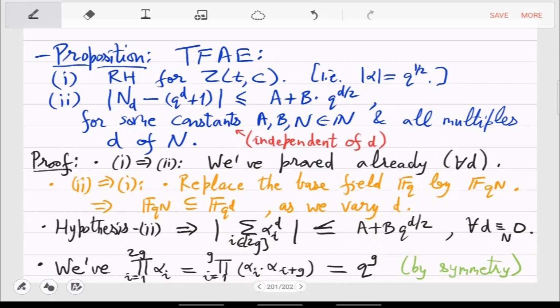Yes, so something I need to change here. There is a typo happening.